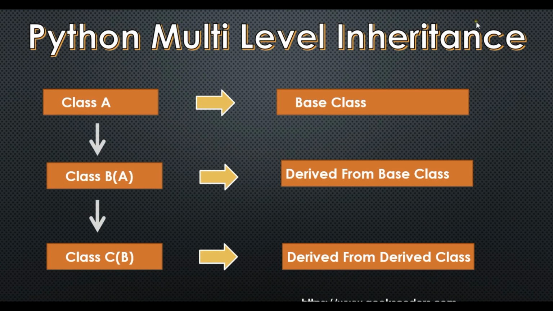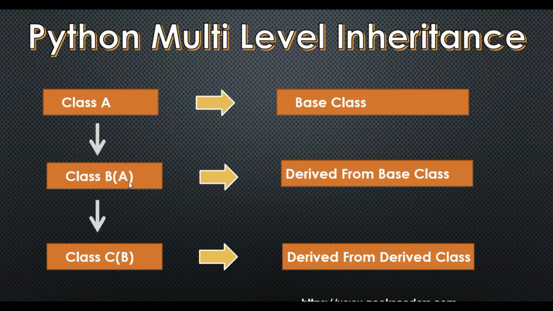So for example, in here you can see we have three classes: class A, class B, and class C. Class A is our base class, our parent class. Now we have class B. This class extends from class A, so it is derived from a base class.